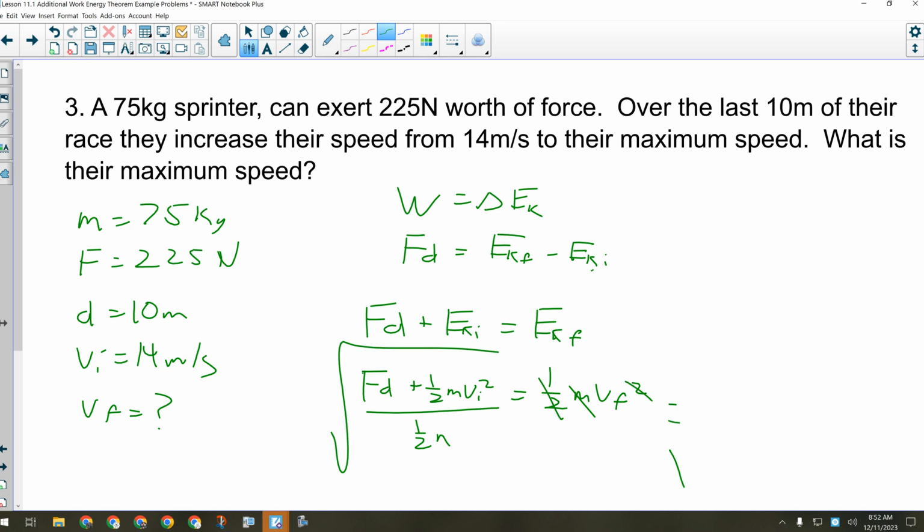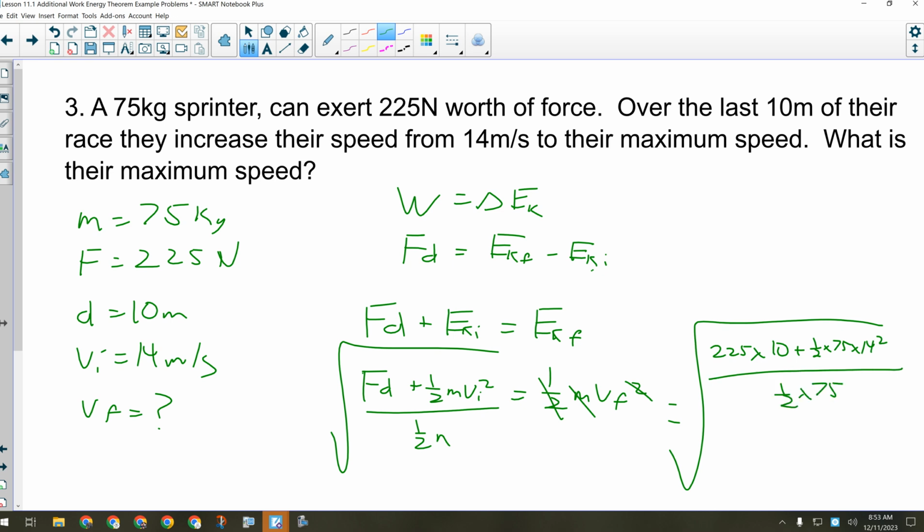So I will have the square root of 225 times 10, so force times distance, plus 1/2 times 75 times 14 squared, divided by 1/2 times 75, all square rooted.